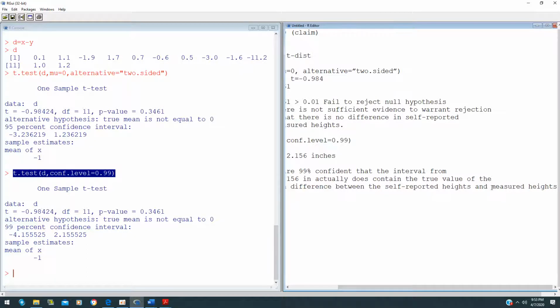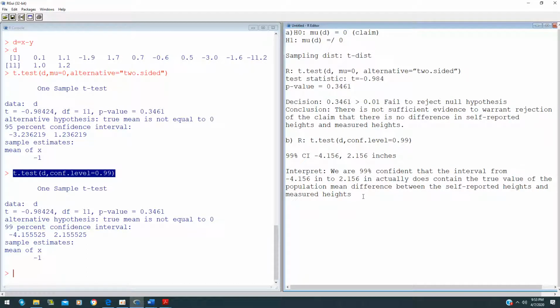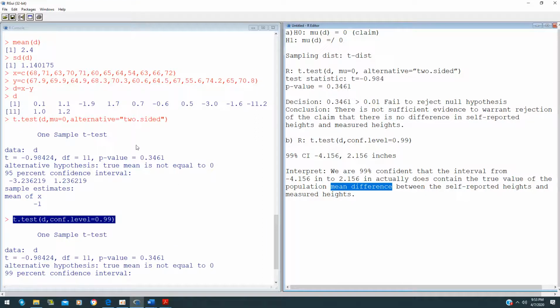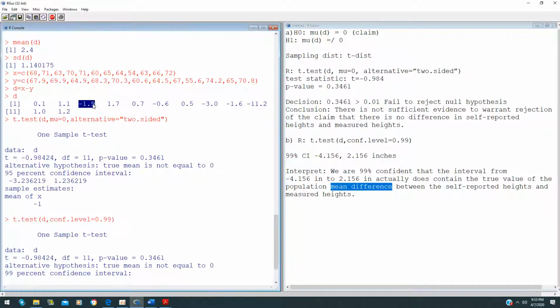Some of you will ask me, David, I don't understand why this is negative, right? How can you have negative inches? This negative means that the mean difference between those two can be negative. For example, if you look at this difference, this is a negative difference. What does a negative difference mean? It means that the person reported 63, but actually is 64.9.